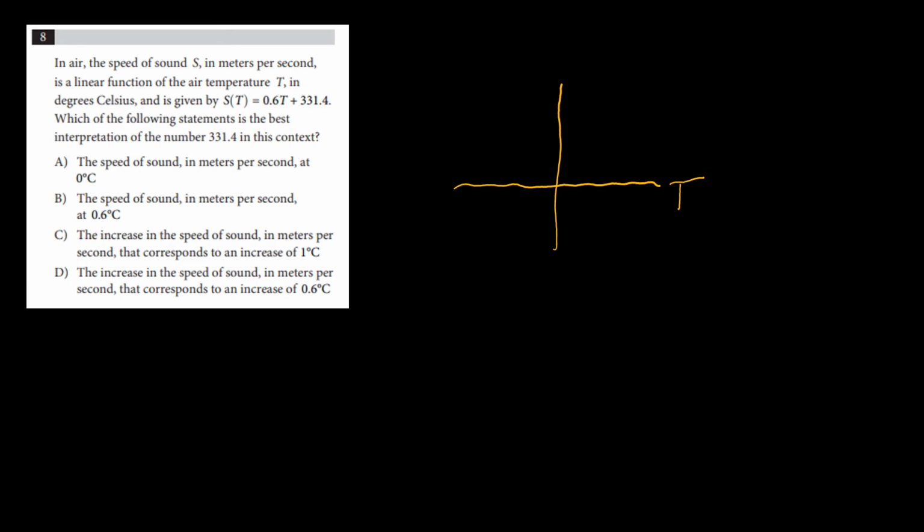We're going to intersect our line at 331.4. Temperature is going to be on our x-axis, speed is going to be on our y-axis. So we're at 0, 331.4, because that value right there is our y-intercept, that means when temperature is 0, that's our speed of sound. So the speed of sound in meters per second at 0 degrees Celsius. Answer choice A.